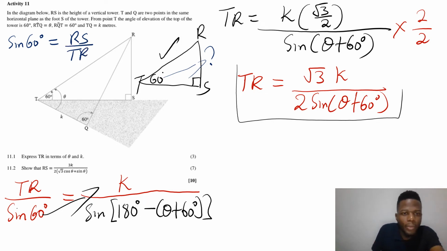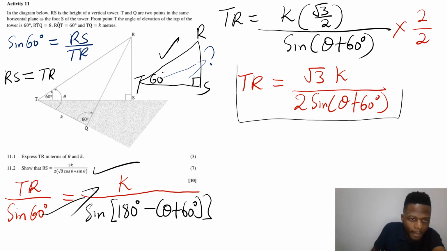Then we make RS the subject of the formula, because we must prove RS. So RS is equal to TR multiplied by sine 60 degrees. I hope we are still together.